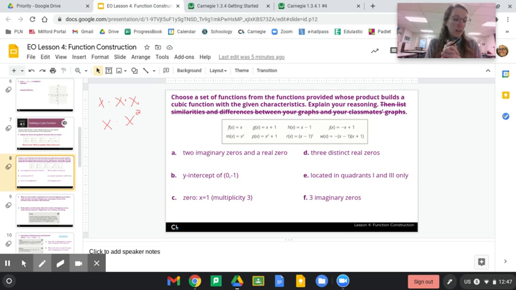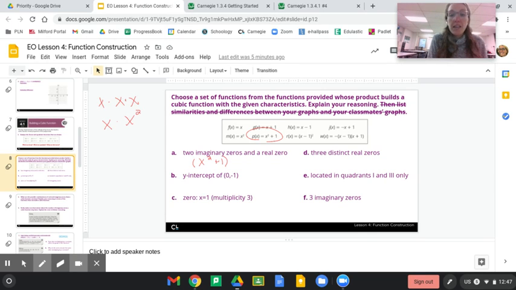So like this first one for A, it says we need to have 2 imaginary zeros and a real 0. Well, out of all of the ones in the bank, the only one that gives us those imaginary zeros is this p of x. So in order to create a cubic with that, it would need to have a factor of x squared plus 1. And we also want a real 0. We already have x squared, so we can only have one more x in there for it to still be cubic.